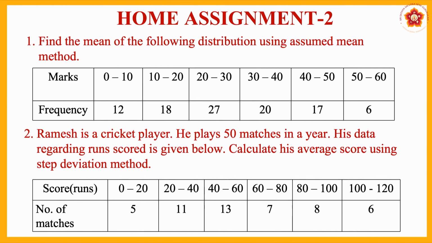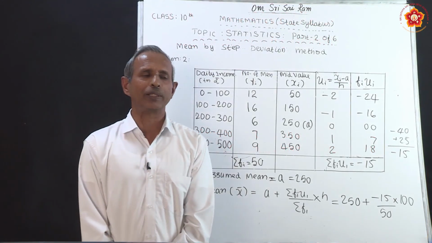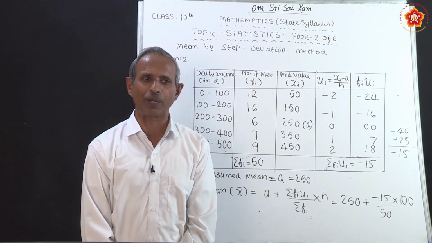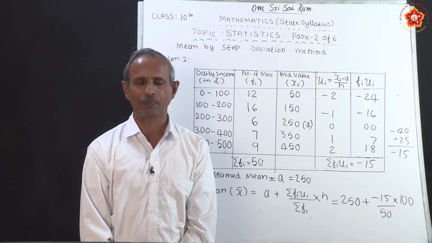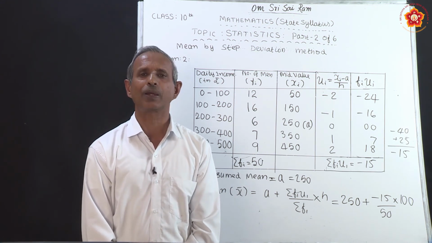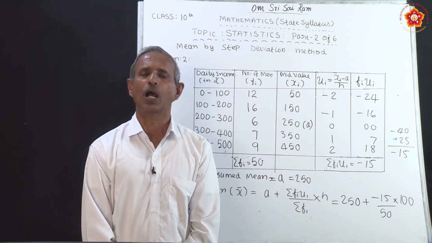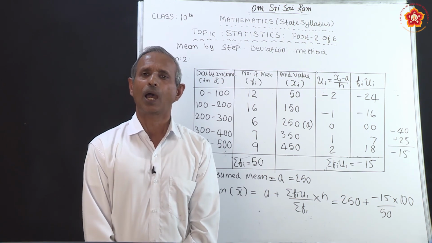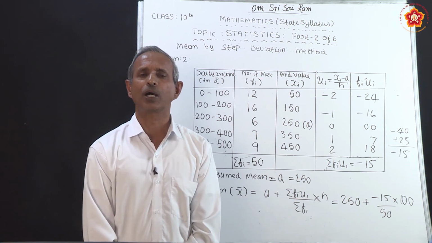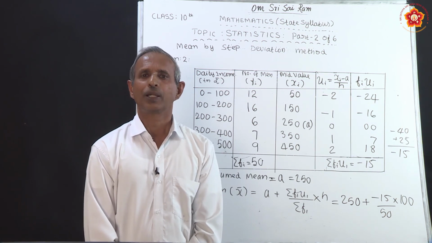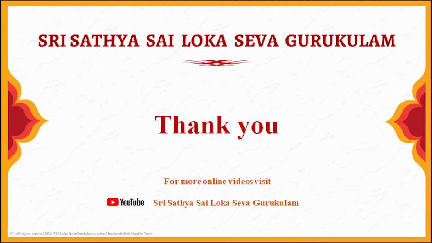Take your notebook, copy these 2 sums and be prepared to answer in the next session. In the next session we are going to learn how to find the mean and median of ungrouped data. Thank you all. Jai Sai Ram.